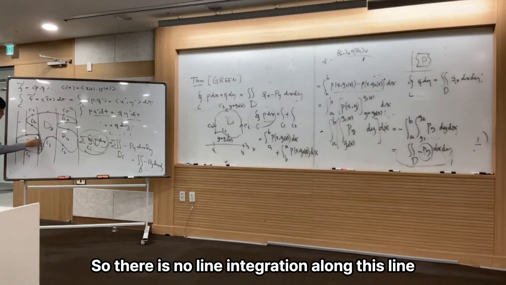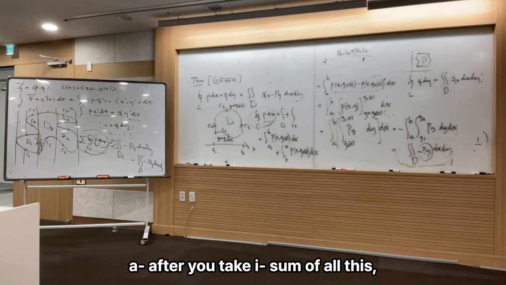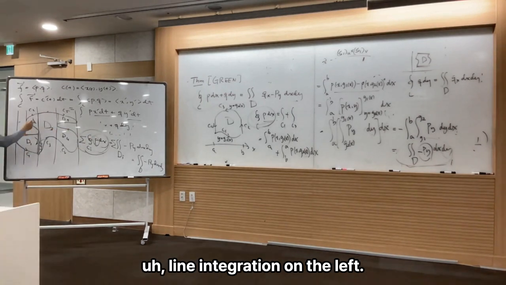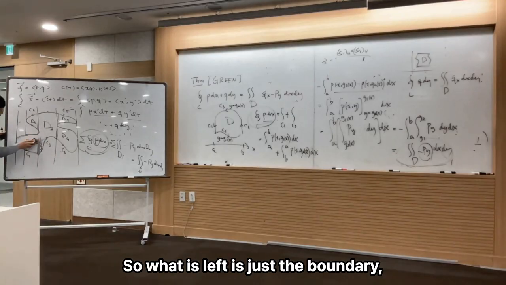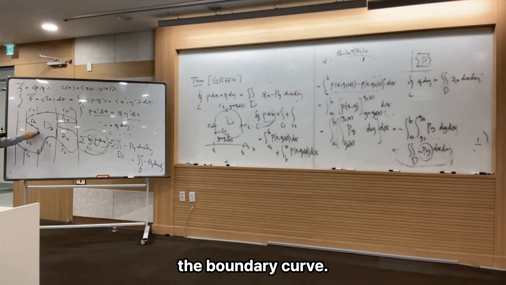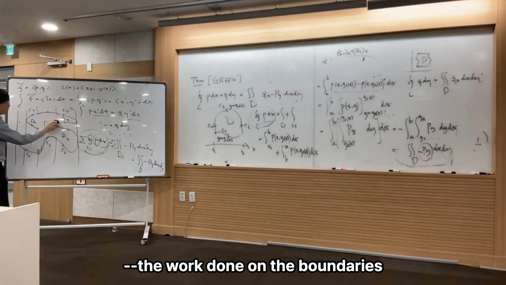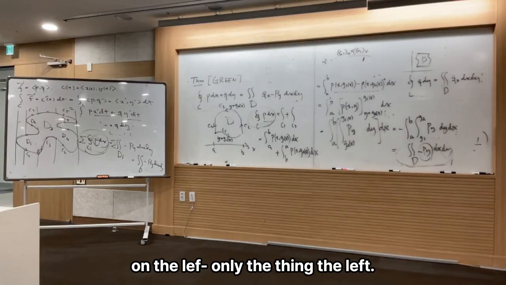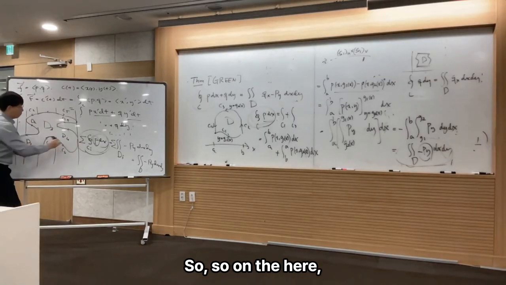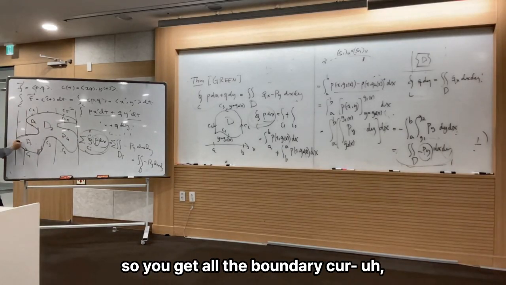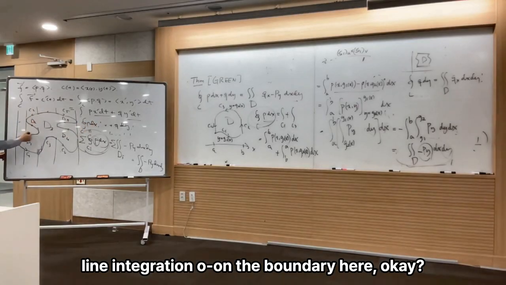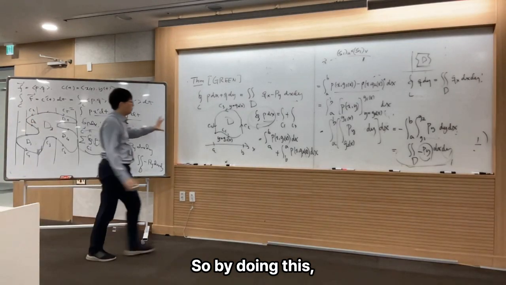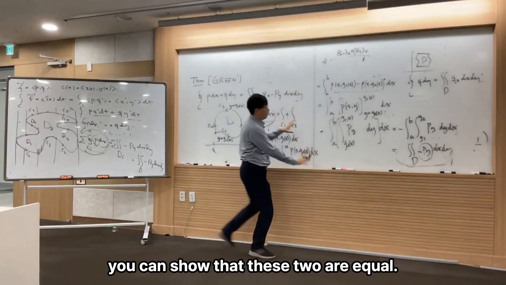There is no line integration along this line after you sum up all these line integrals on the left. Same here, same here, same here. So what is left is just the boundary curve. The work done on the boundary is the only thing left. So by doing this, you can show that these two are equal.